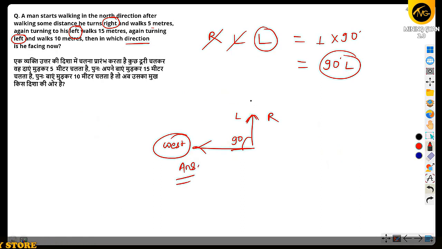He starts walking in the north direction, so we have just 90 degrees left, so turn him 90 degrees to his left side. The left direction is the west direction. So this is the final answer, the final direction he is facing now. Is it clear?